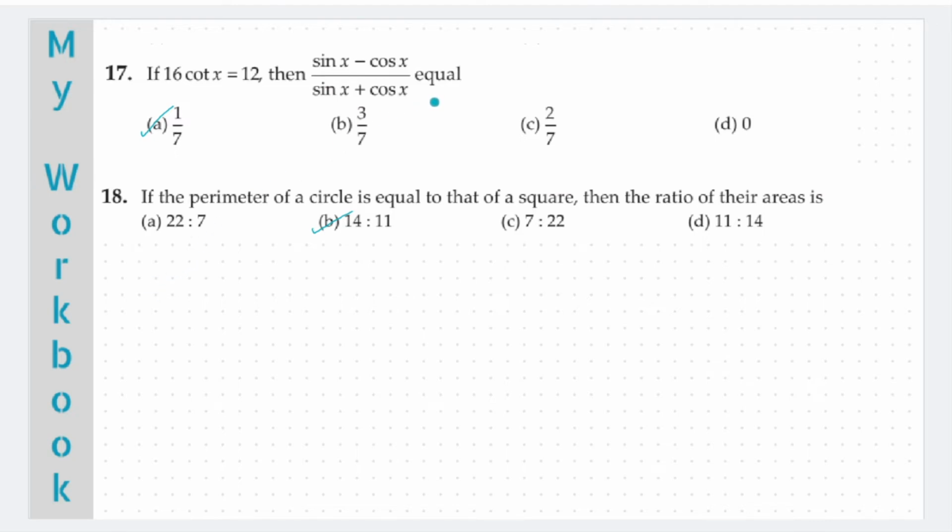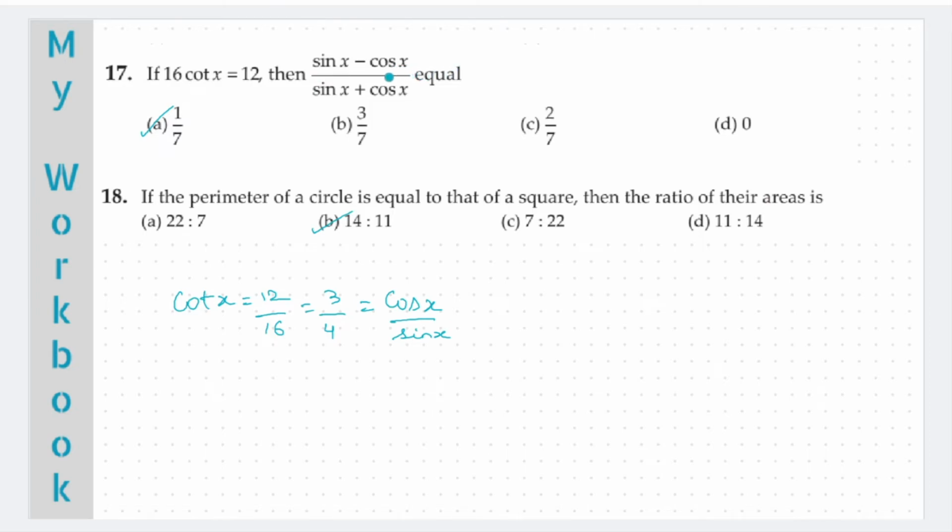In question 17, we are given the value of 16 cot x as 12. So it implies cot of x is 12 by 16, which can be simplified as 3 by 4. Cot x is nothing but cos of x divided by sin x. So here in the question we have both sin and cos.